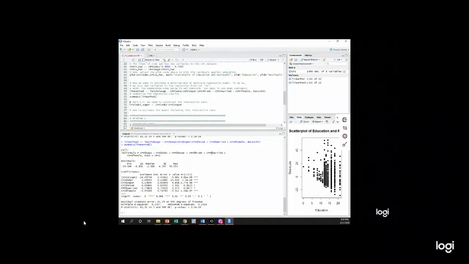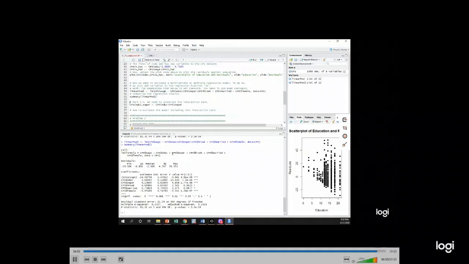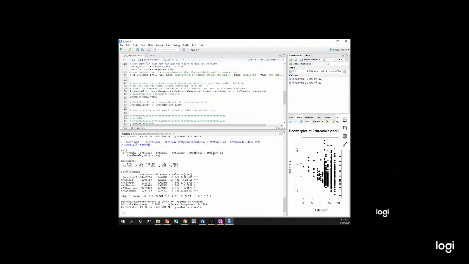Minus k, which is going to be 1, 2, 3, 4, 5. 5 for the betas. So 1,000 minus 5 is 995, minus 1, which is 994 degrees of freedom. Our multiple R squared, so that's just the regular R squared, is 0.2357, and our adjusted R squared is 0.2319. So again, the adjusted R squared is less than the regular R squared. And we'll talk about F statistics in another lecture.